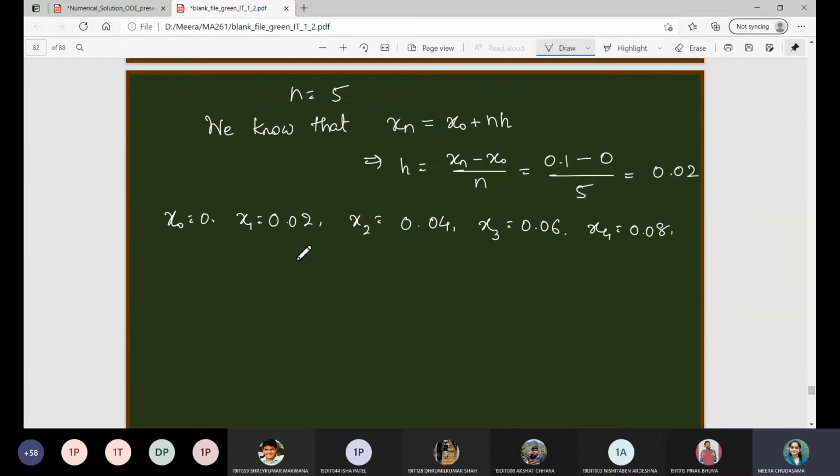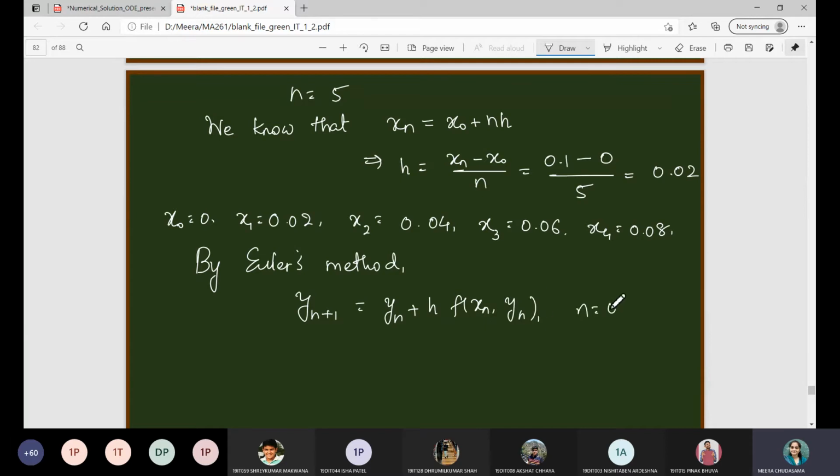So let us quickly evaluate all these quantities. So I will write here, by Euler's method, yn plus 1 is equal to yn plus h f at xn, yn, right?